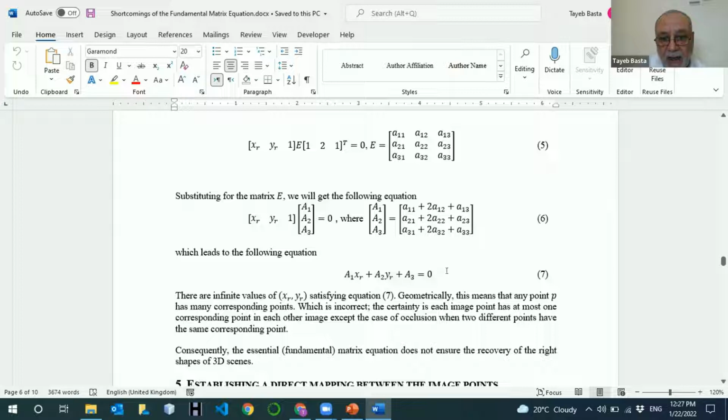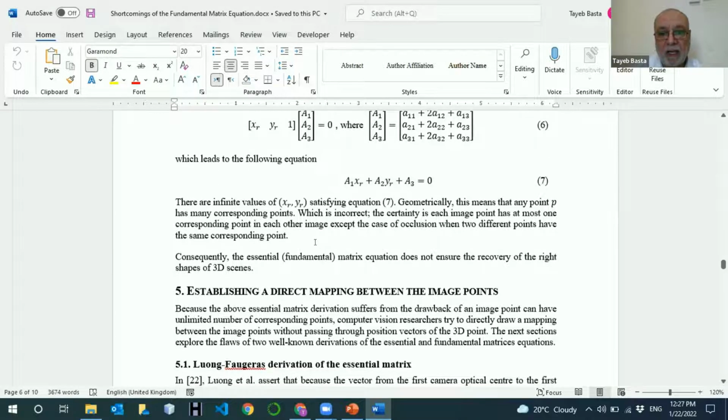But actually, if we analyze deeply the output of the equation, we found out that it gives one single equation of two variables, so for any point on the left, you can get as many points as you like from the right. This is what I called the shortcoming of the Longuet-Higgins equation.